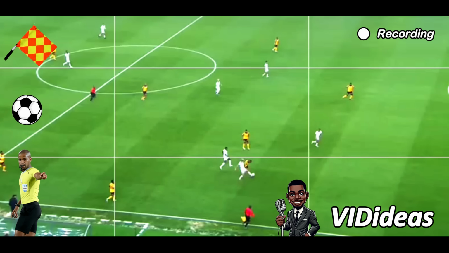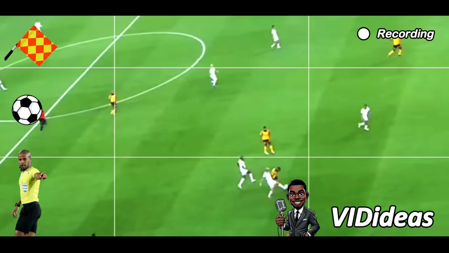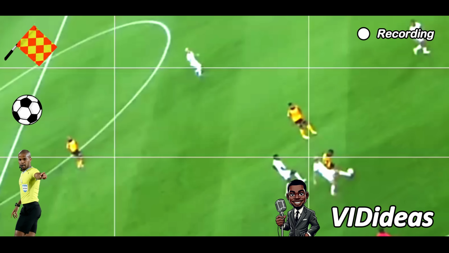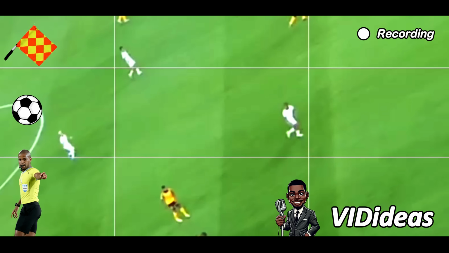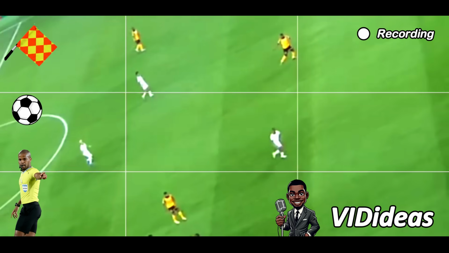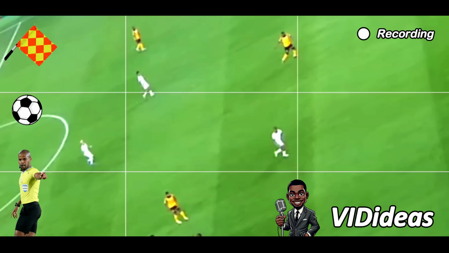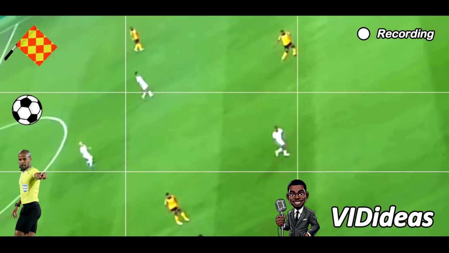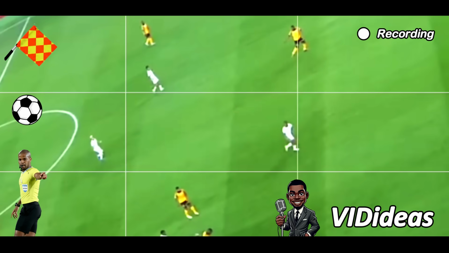And then I'm going to tilt it a little bit so we can get a clear line to see whether Reyners was indeed in an offside position or not. Let's get it in a nice straight line. So you can see that the Kaizer Chiefs' last defender is actually putting Reyners in an onside position. You can clearly see that. Whichever way we tilt the line, he's putting Reyners in an onside position.